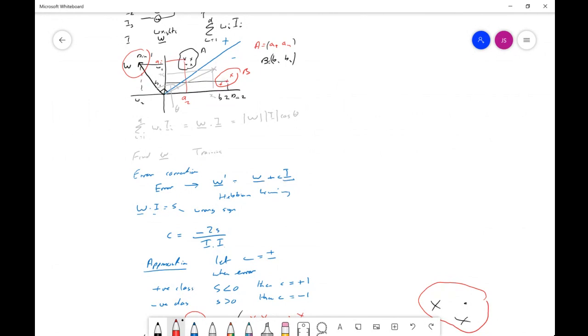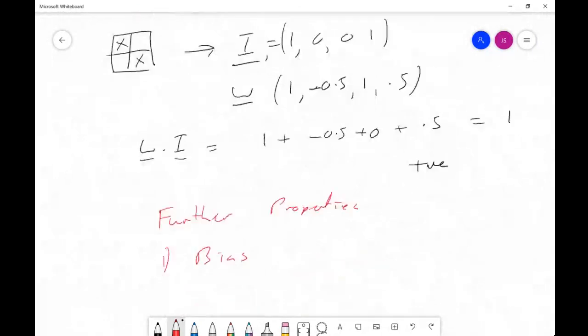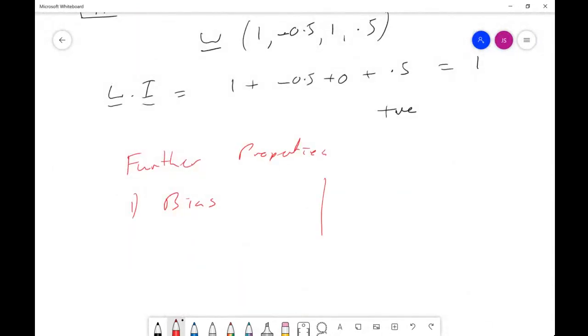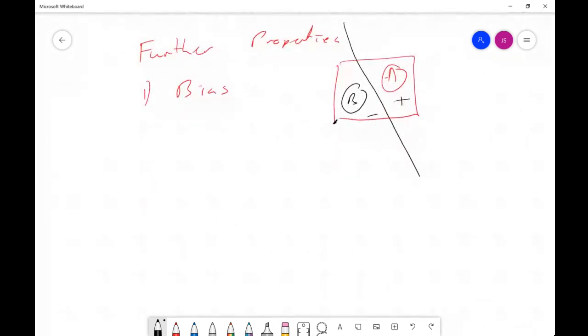The bias will allow that to move away from the origin. So you can then have a problem such as this, where I've got a class of patterns there, class A, and I've got a class of patterns there, B. And clearly any line going through the origin will not separate them. But if I don't have to go through the origin, straight line, plus minus, the solution is possible.